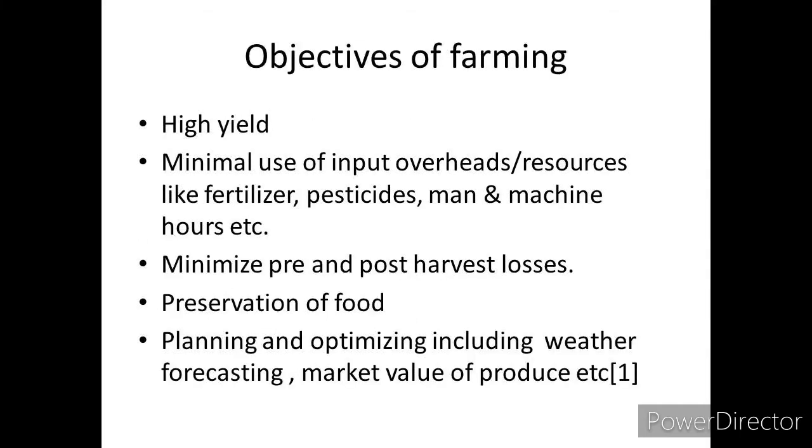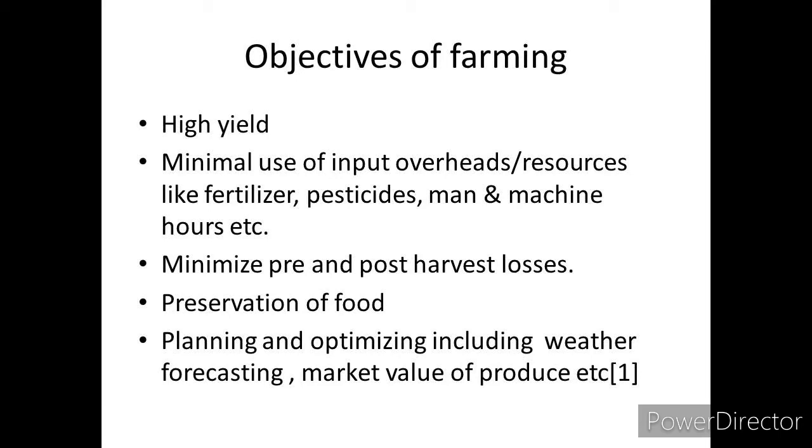Now coming to the objectives of farming. The main objective of farming is to get high yield, minimize input overhead, resource like fertilizers, pesticides, man and machine hours, etc. Minimize pre and post harvest losses, preservation of foods, and finally planning and optimization including weather forecasting, market value of the produce, etc. So these collectively forms the objectives of farming.